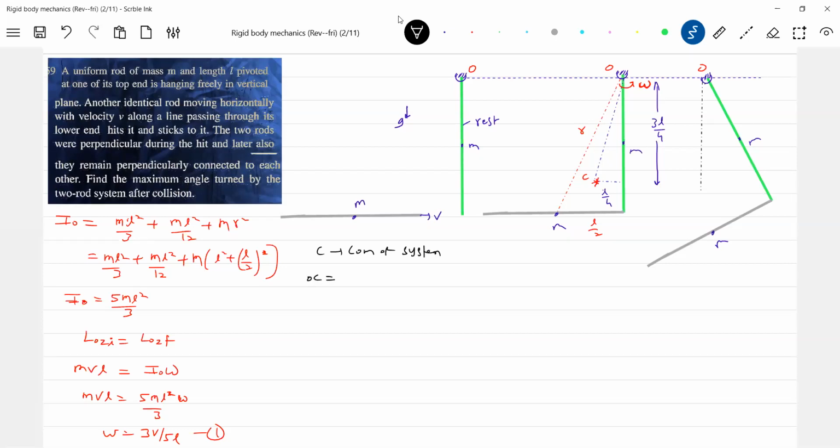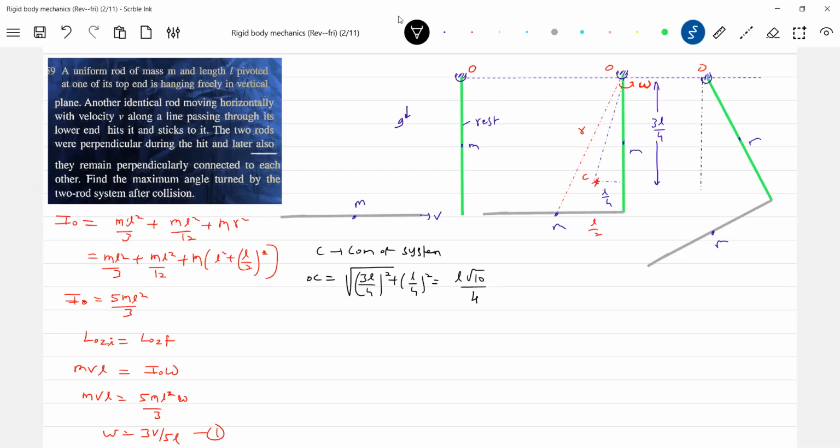So OC is equal to root 10, 9, 9, 10, 10, 4, 4 will come, no? Yeah. So the distance OC is equal to this much here.